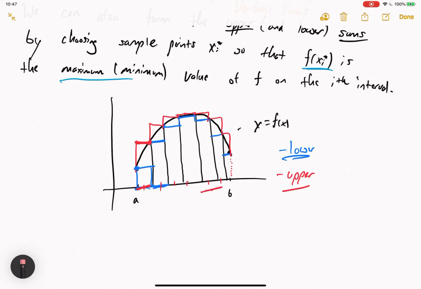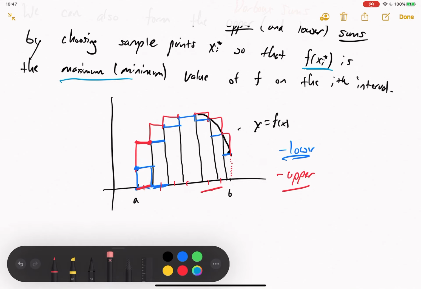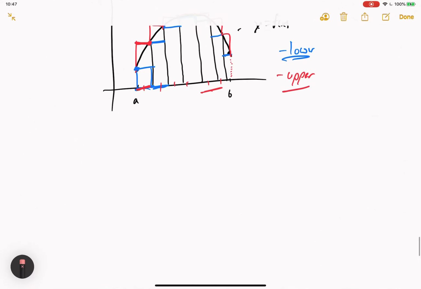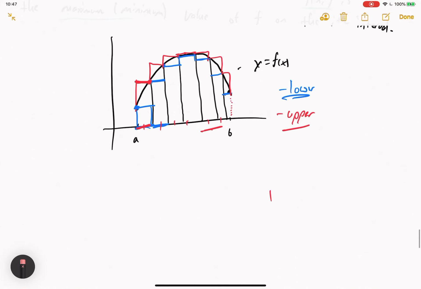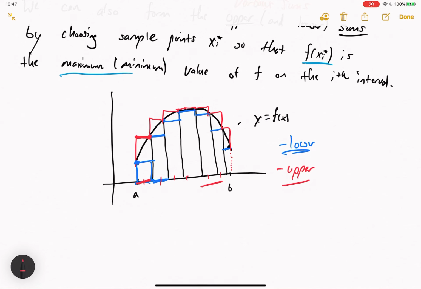And right here, it may not look like it, but the function was looking like this, and the region was looking like this, where the max was some point in between the endpoints. So in this case, the upper sum gave us an over approximation, the lower gave us an under approximation, and so on.